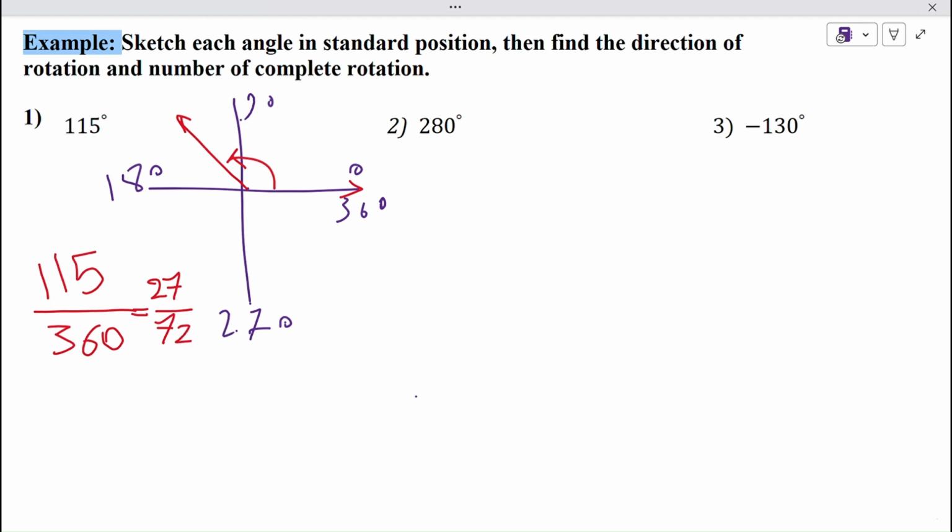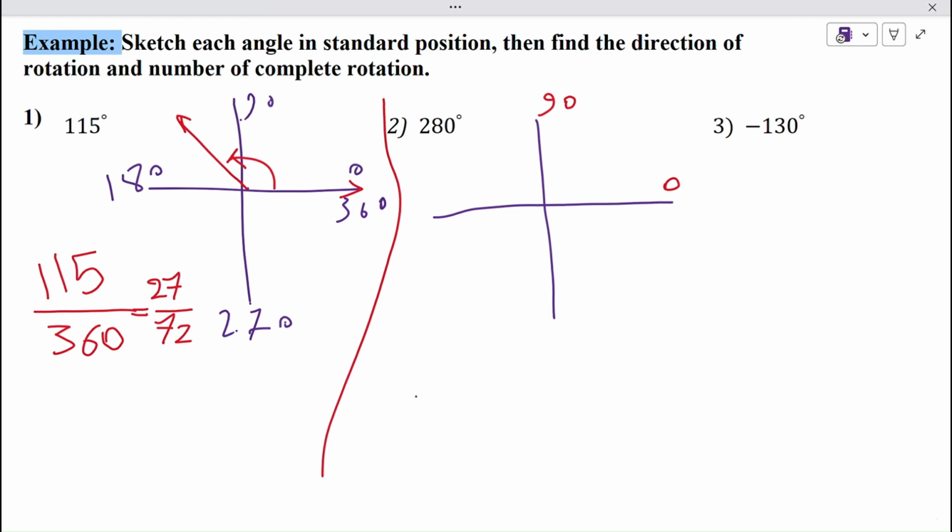What about another angle? Another angle is 280. Let's solve this too. Here is 0, here 90, here 180, here 270, and here 360.